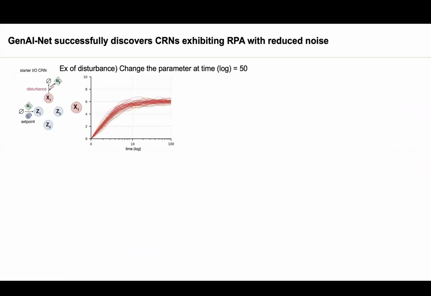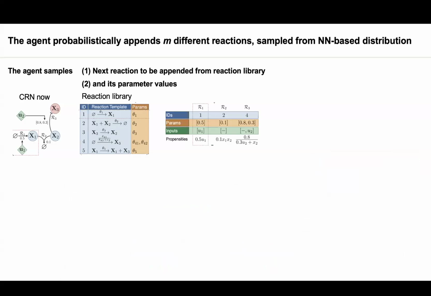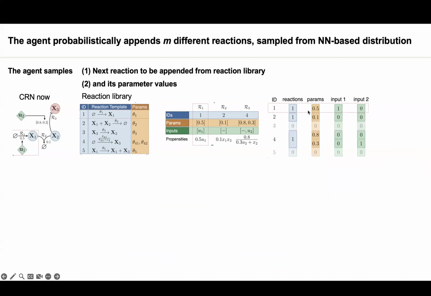Basically, we will convert the CRN to a vector. First, we convert the CRN to this kind of matrix.